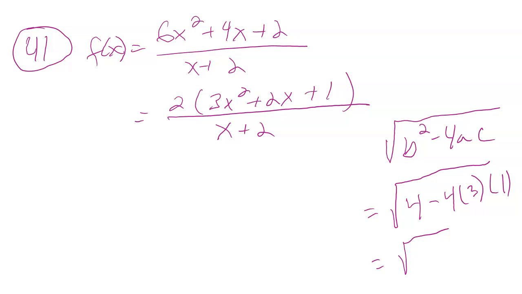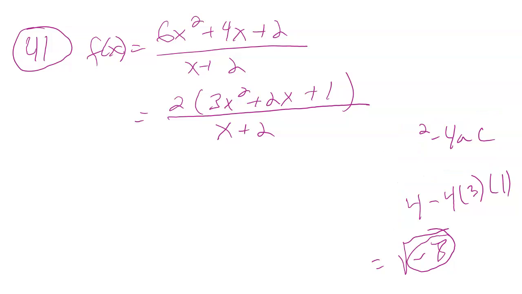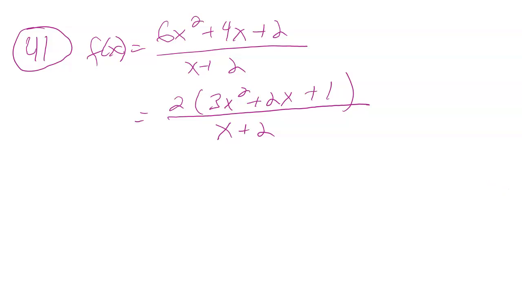Square root of negative 8. Yeah, negative 12 plus 4 is negative 8. Since the discriminant is negative, we have an imaginary value. But when we're graphing on the real coordinate plane, we're not going to have a root. It's very interesting what this is going to look like.